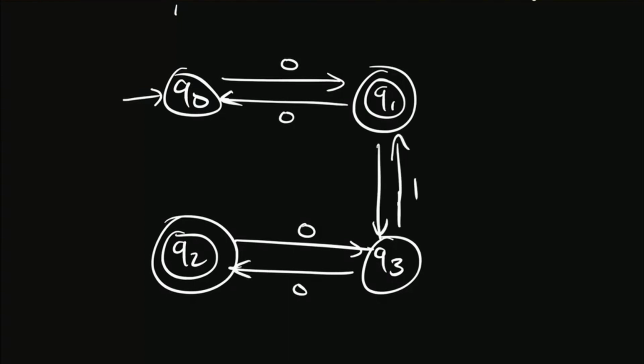And then 1s on the up and down between the 0 and 2, and then the 1 and 3 state. So I claim that this is a deterministic machine, where all the inputs could be a 0 or a 1 at any point.